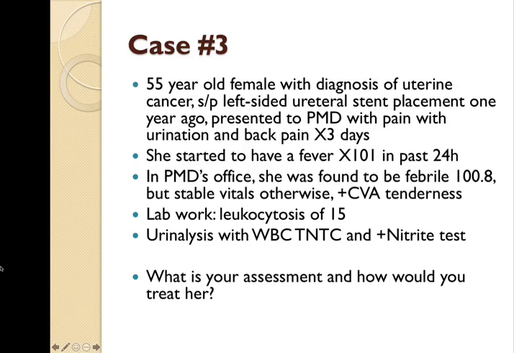She was found to be febrile in her primary care office, otherwise vitals were stable. She had CVA tenderness. She had leukocytosis on the blood work, and urinalysis showed significant pyuria with a positive nitrite test. So what would be your assessment of this situation, and how would you like to proceed?